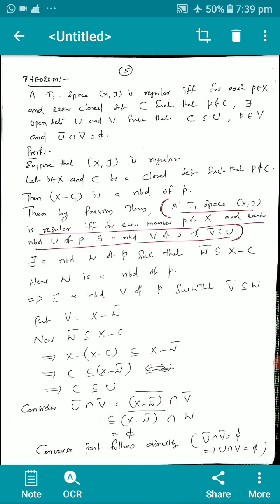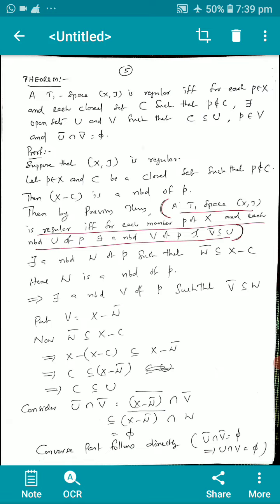It's an important theorem. We can discuss the proof of it.